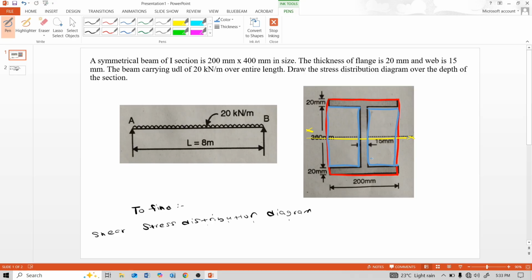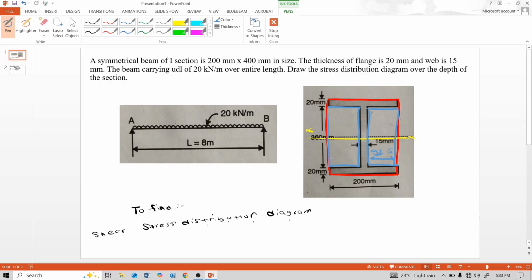What is the width of this blue color rectangle? For one blue rectangle, the total width is 200 minus the web thickness 15 mm. 200 minus 15 is 185, divided by 2 is 92.5 mm.